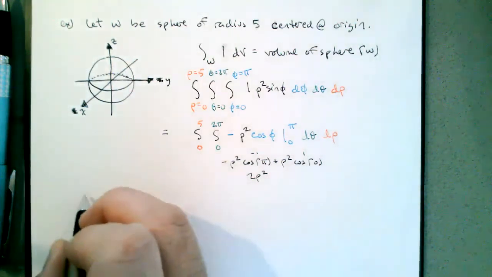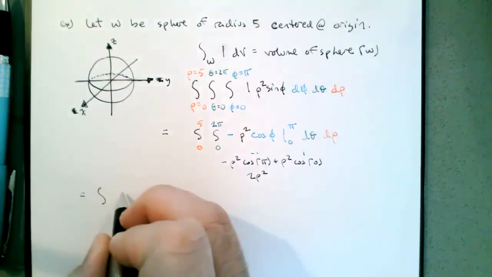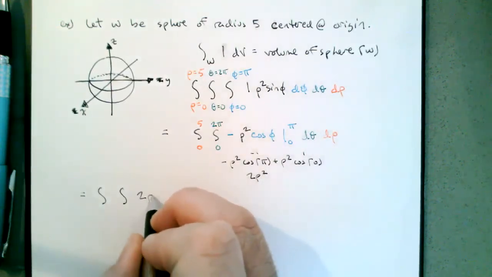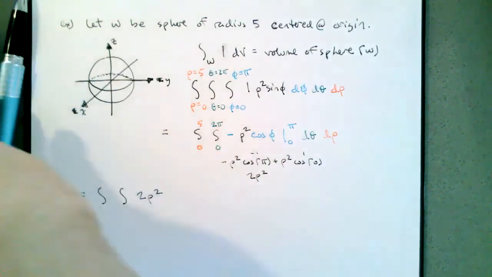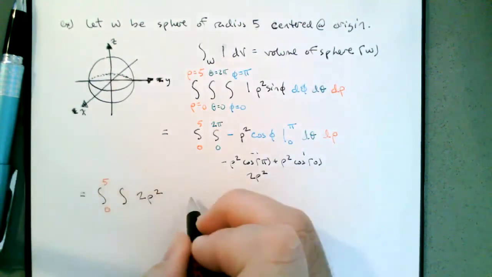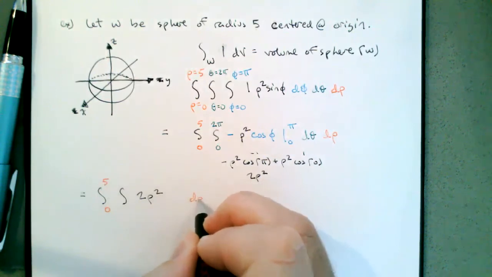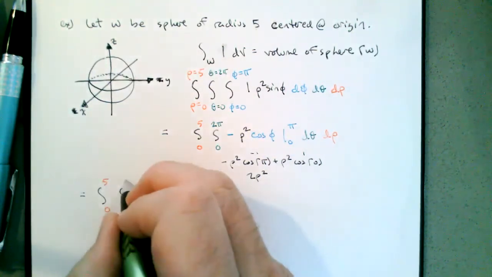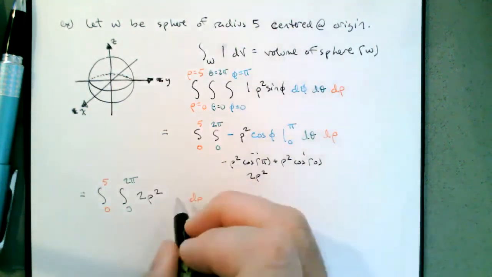So we're integrating from 0 to 5, from 0 to 2 pi, just the function 2 rho squared, d rho, and d theta.